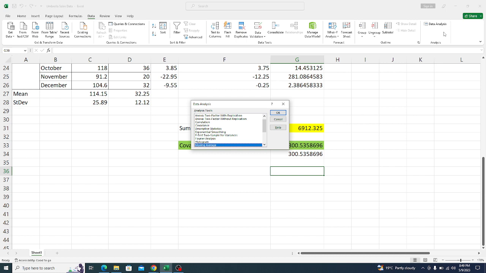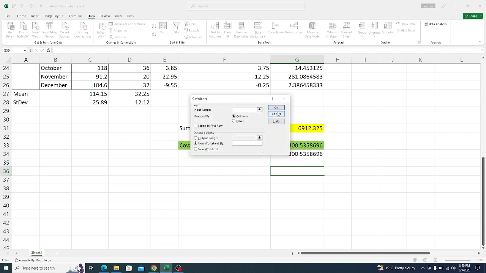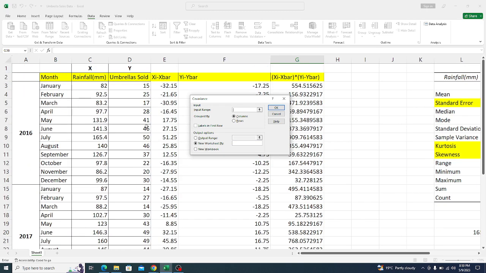So you can now use the Data Analysis ToolPak. Just click it and then go to Covariance. Once you go to Covariance, click OK. After that, it will tell you to input the data range. You can select even the titles, but make sure you check labels in first row.